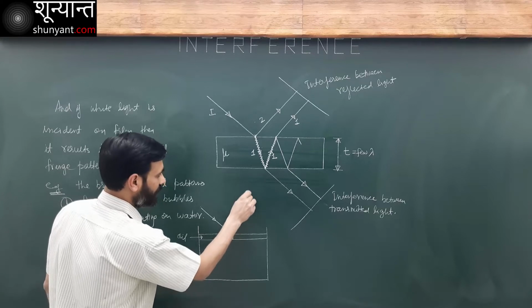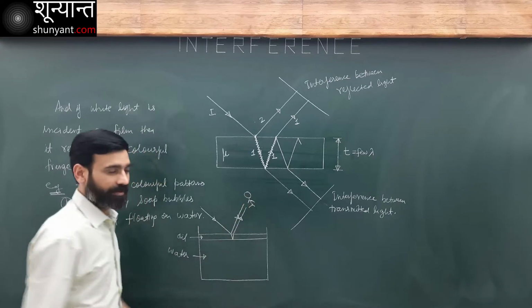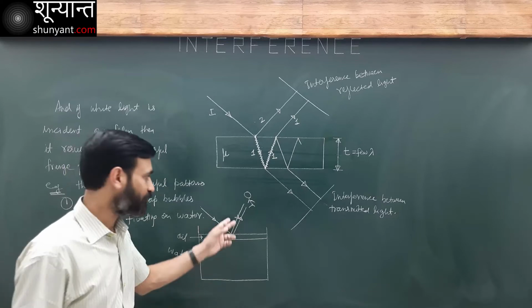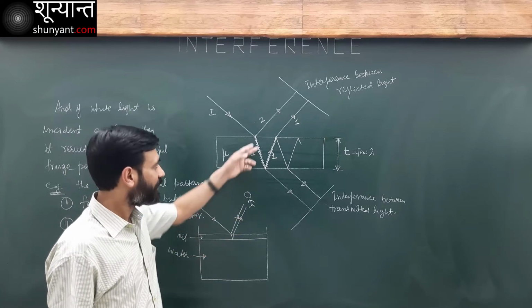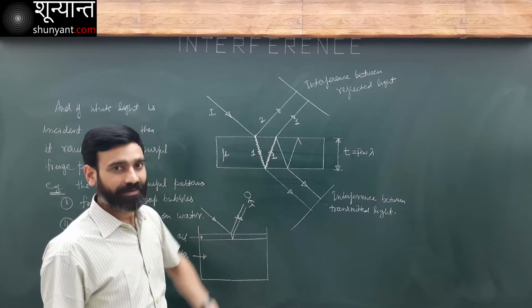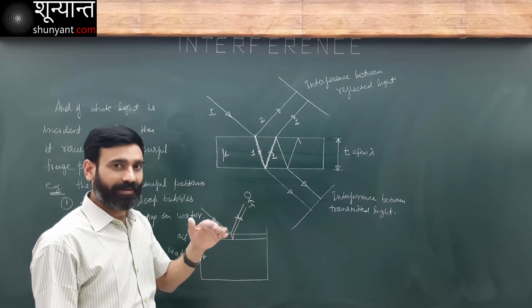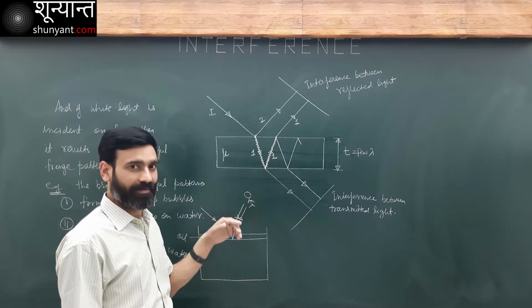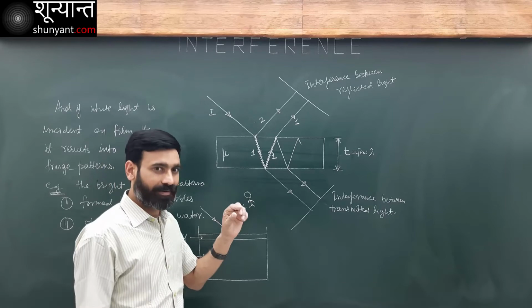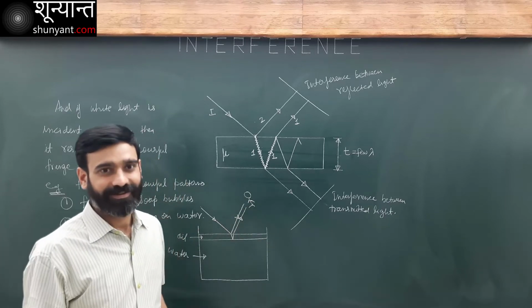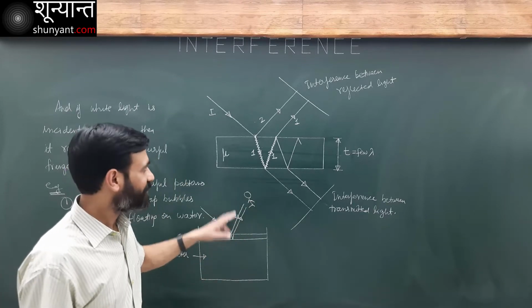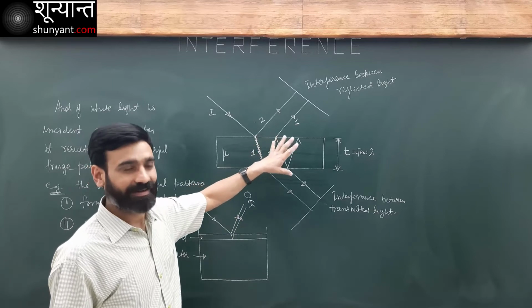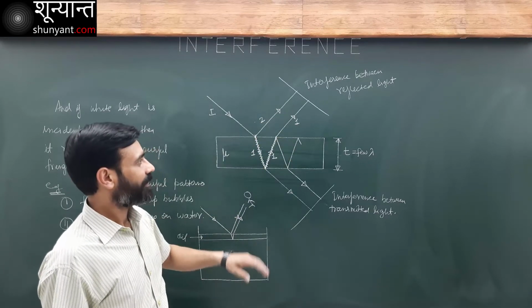If you are looking from here, you will see the interference pattern. These two interfere, depending on the wavelength. At different angles, different types of patterns will be seen. At one particular angle, it appears very colorful. I'm sure you must have seen it. It is because of the fringe pattern formed because of interference.